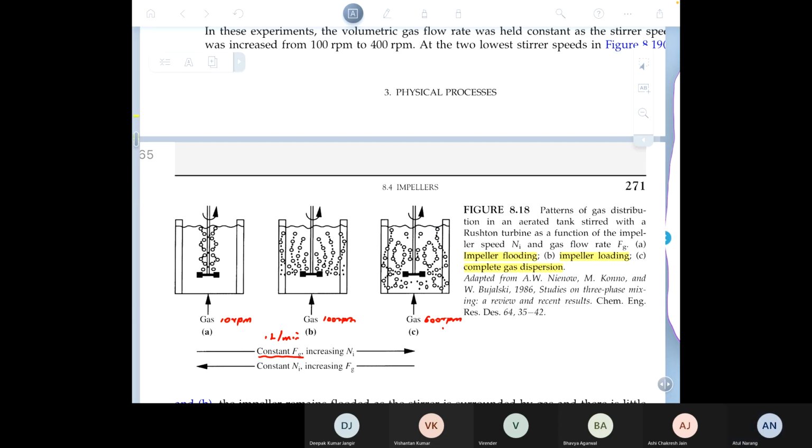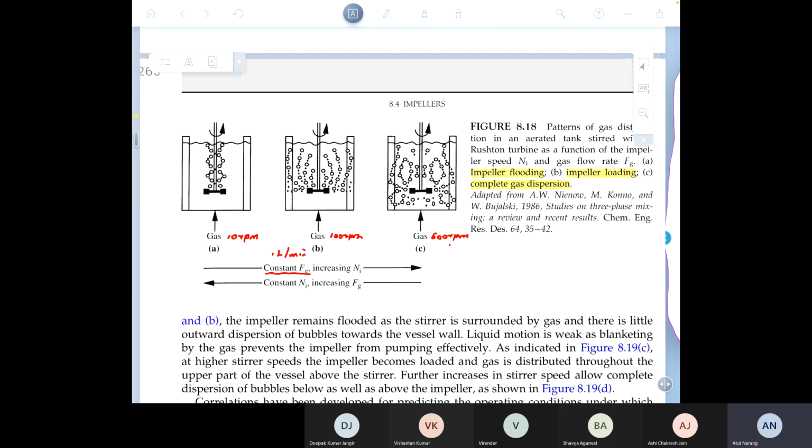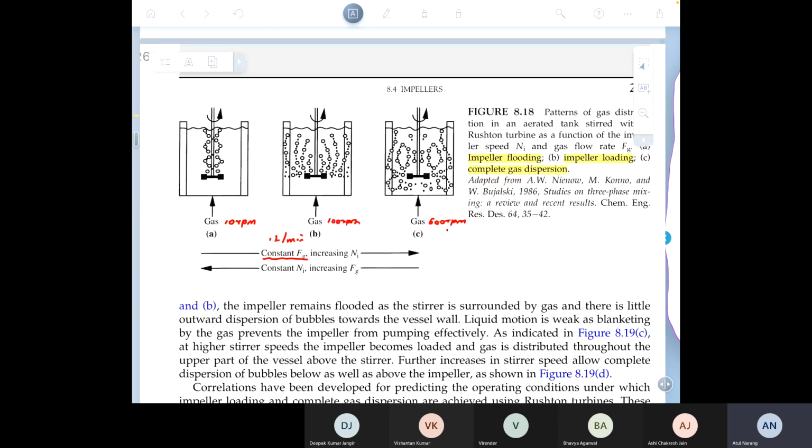Now, while explaining this, the mental image I gave to you was that the gas flow rate was constant and I was increasing the impeller speed. But you can do the experiment in the reverse way by keeping the impeller speed constant and increasing the gas flow rate, right?